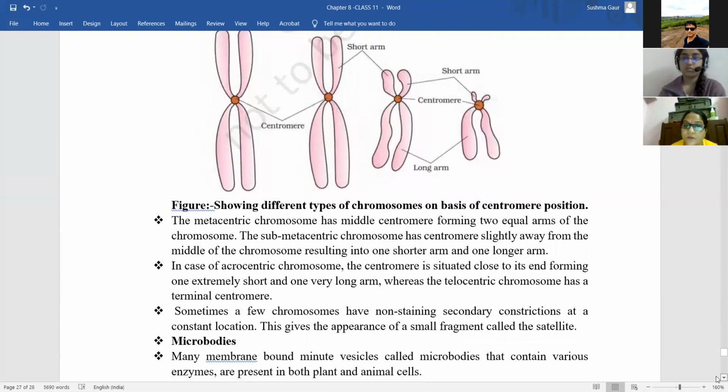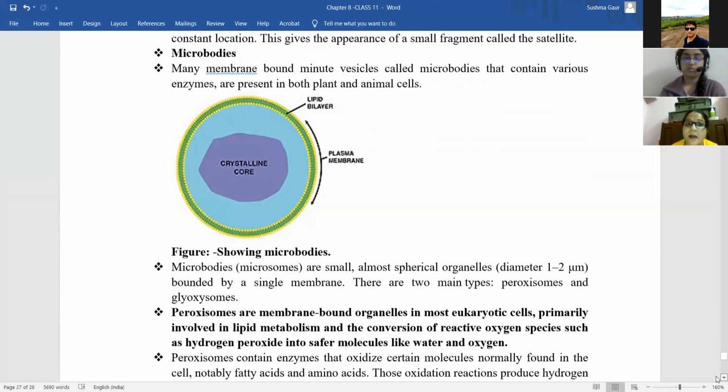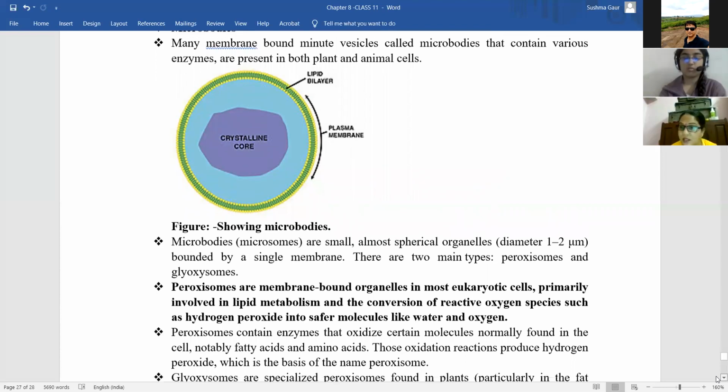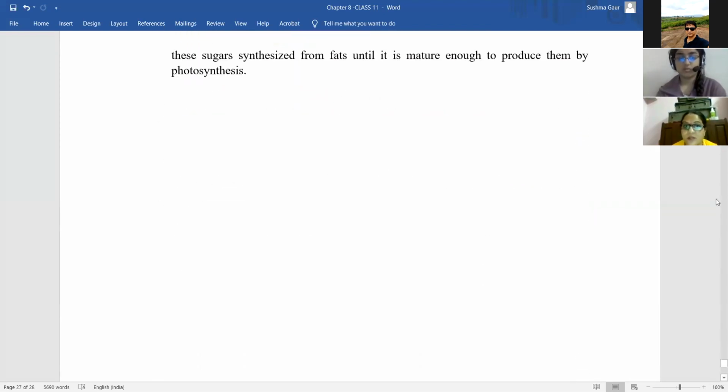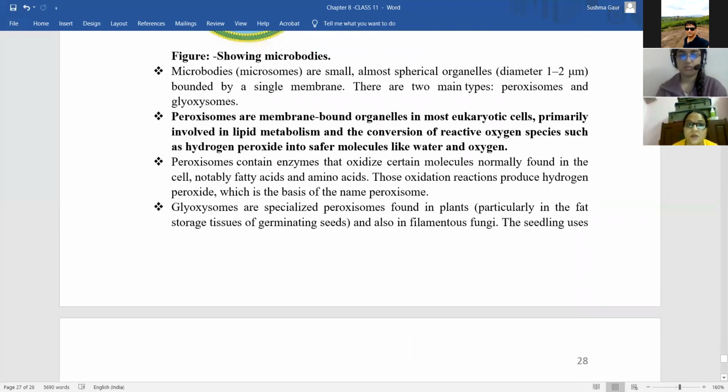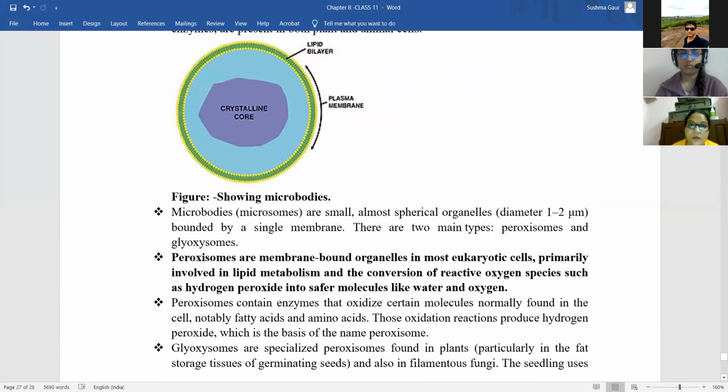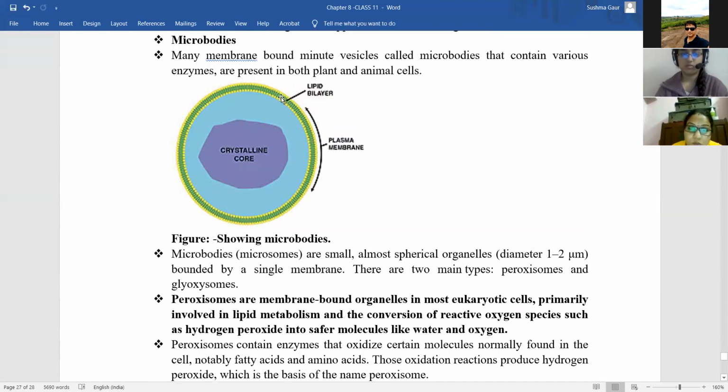Okay, and last is what are microbodies. It is not given in detail in your book, but I have added the diagram to make this interesting, so that if a question is asked you can answer. This is the structure of microbodies. They consist of an outer lipid bilayer. The yellow color represents the plasma membrane, the green color represents the lipid bilayer, and the central region consists of a crystalline core.